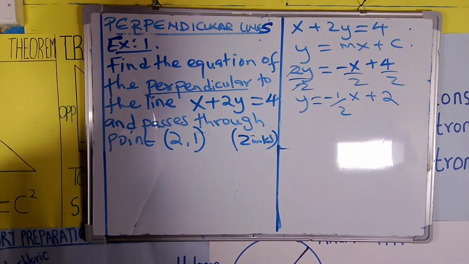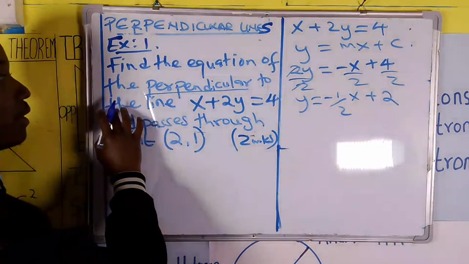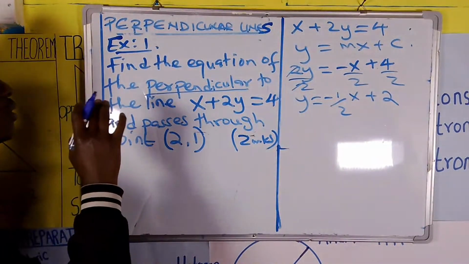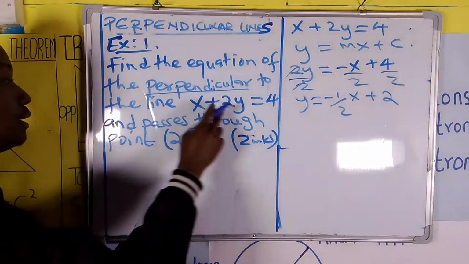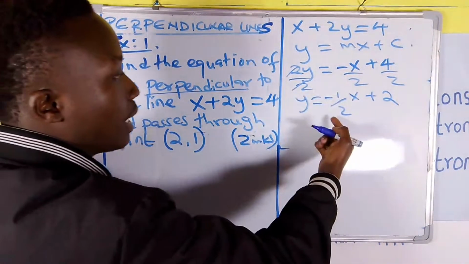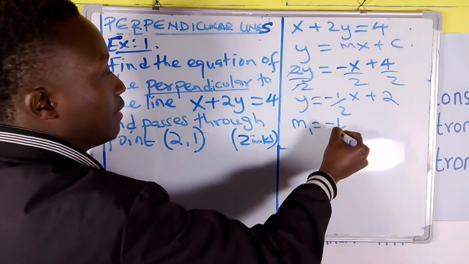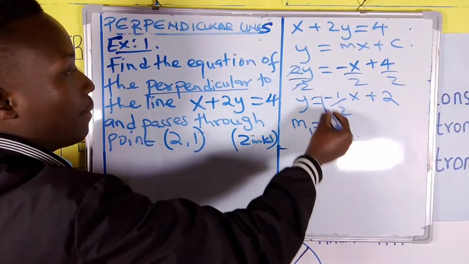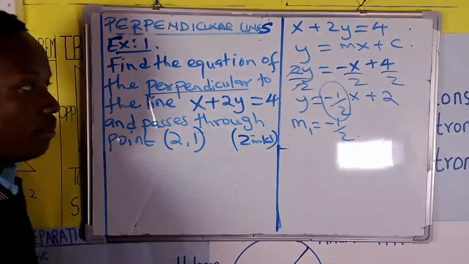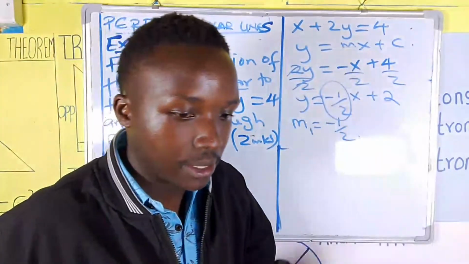Since we have been told to find the equation of the perpendicular line to this line that passes through point 2,1, we can now derive our m1 as negative a half. Why? Because it conforms to the general formula y equals mx plus c.